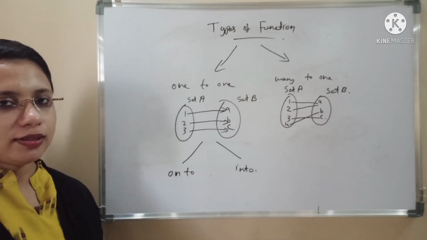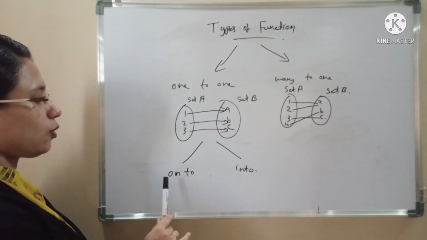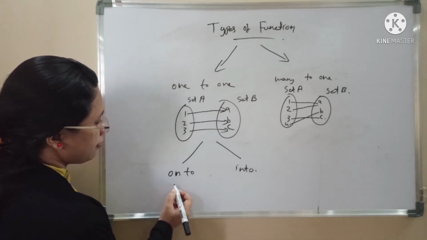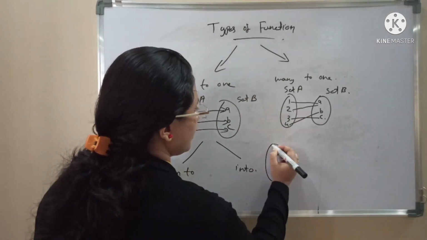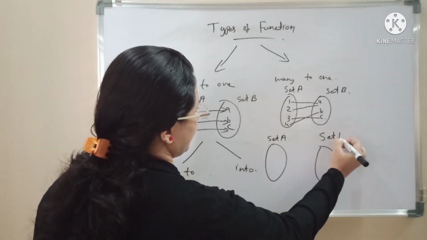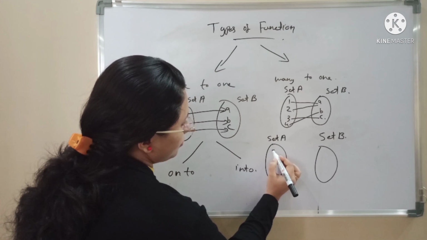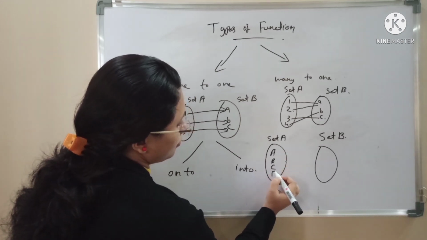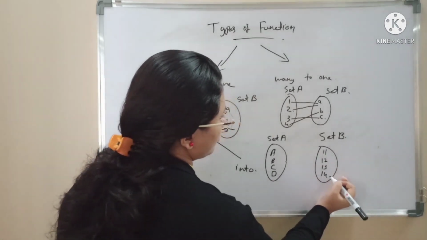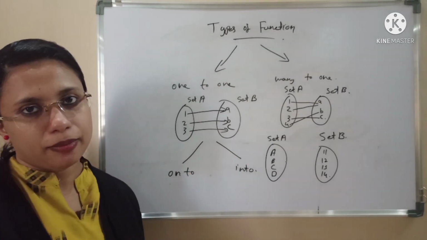So in functions, in case of 1 to 1, we have again two different categories, that is onto and into. So onto, in the sense, if we have a set A and set B, set A contains 4 elements and set B contains 4 elements.